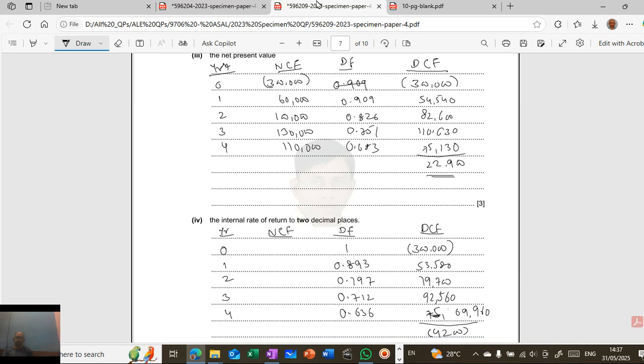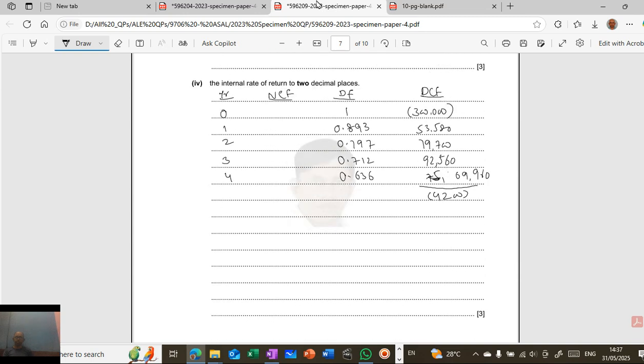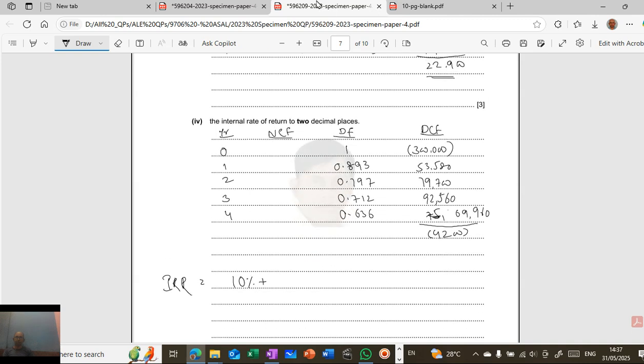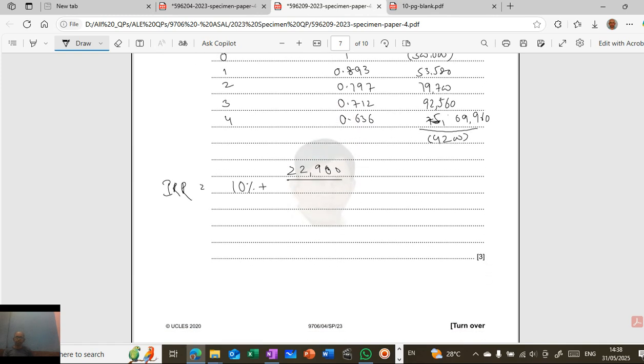Now how do we calculate the IRR value? IRR is equal to 10% plus the positive NPV, 22,900, divided by 22,900 minus of minus 4,200, into 12 minus 10.